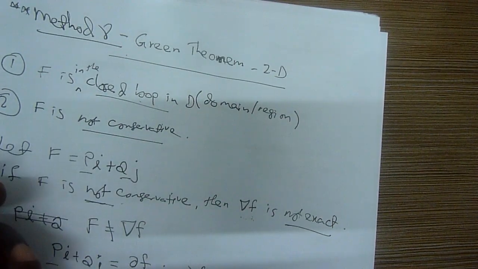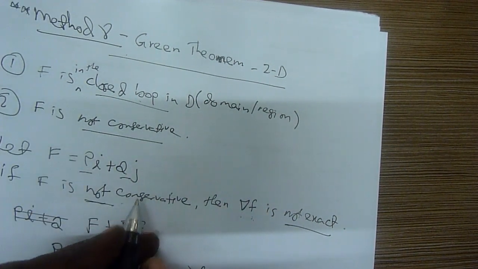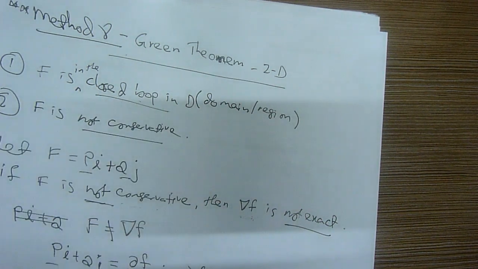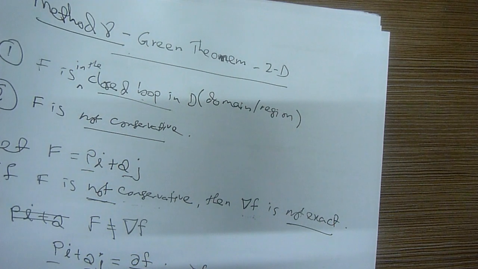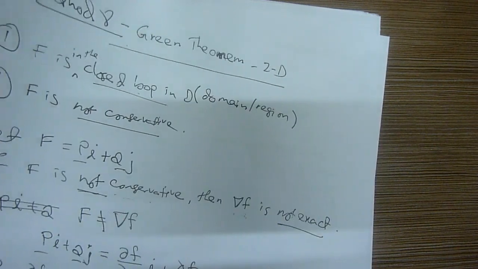The formula for this theorem: if this is not the same, if it is conservative, then I say not exact, and it must be a closed loop. Can I write that on a different paper? I'll elaborate on this.